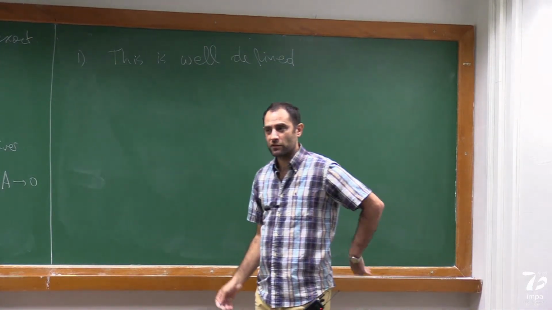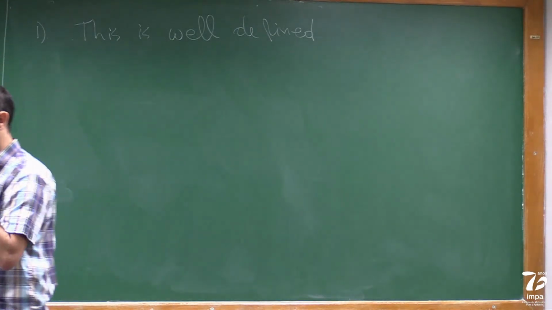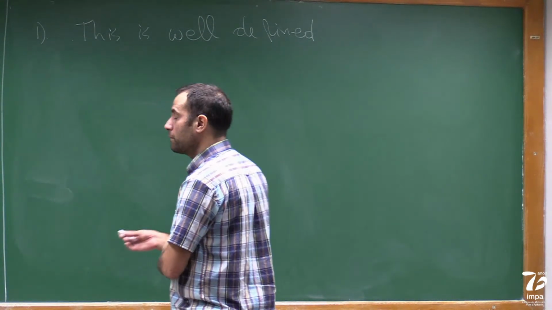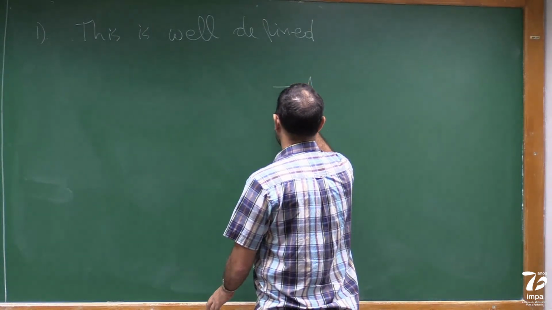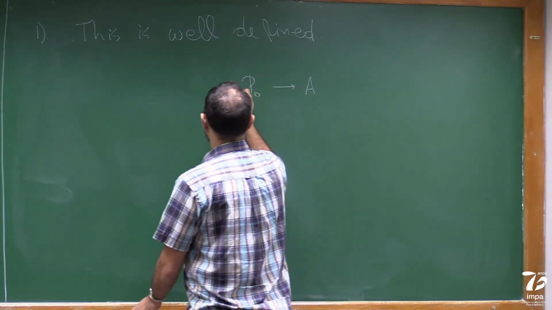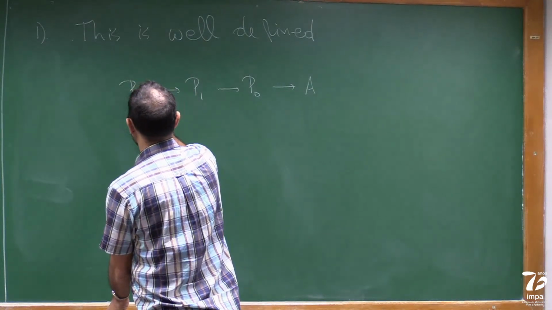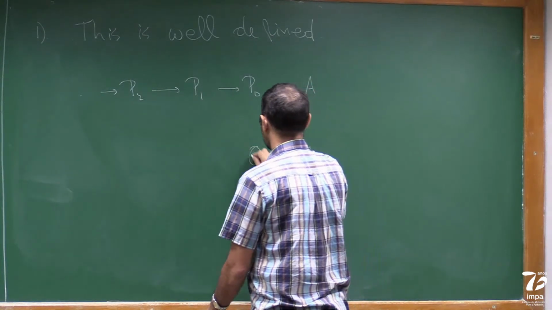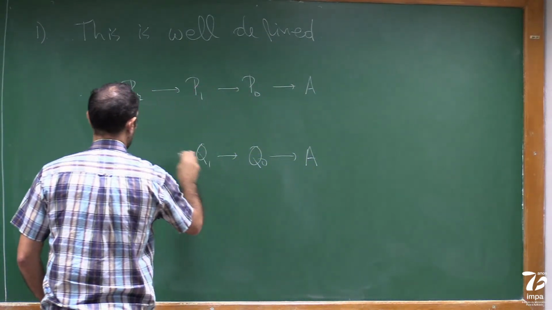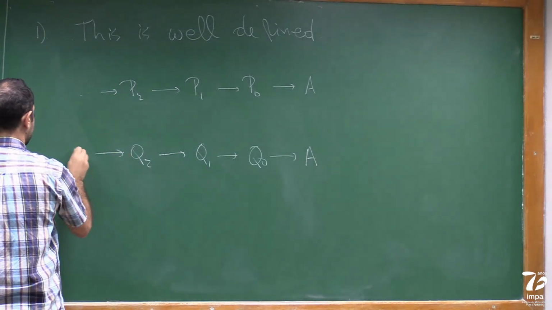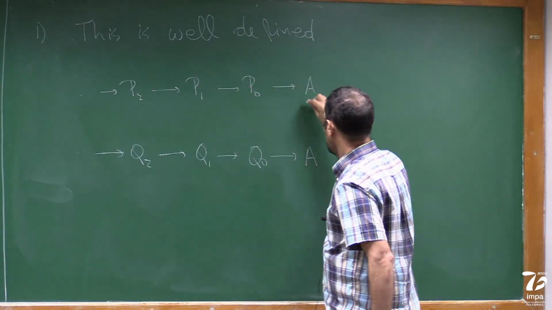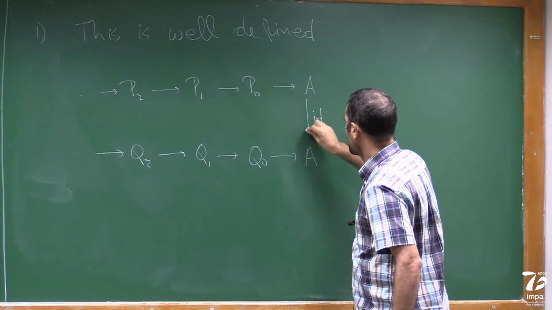And then there's a bunch of things that we need to check. Let's check first that it's well defined, at least as an object. So let's take another resolution. I have A, and I have my P0, P1, P2, etc. And I have A, and I take another resolution, Q0, Q1, Q2, etc. Now, I can take the identity map between these two.